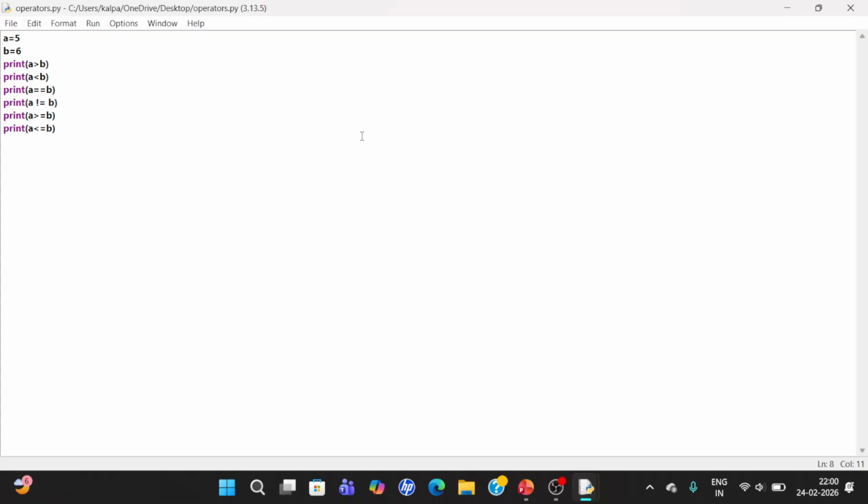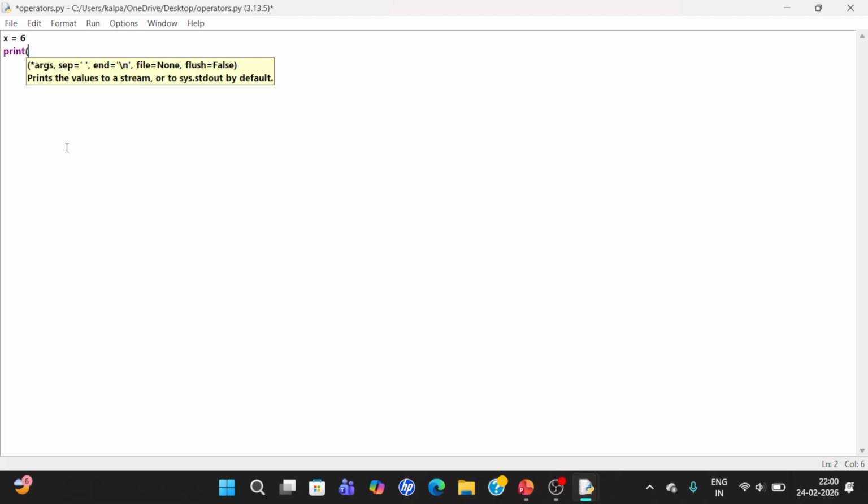Next we can see assignment operators. Take one example: x equals 6, and print initial value equals, comma x. It will print x equals 6.